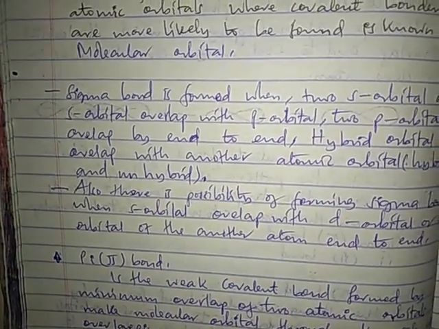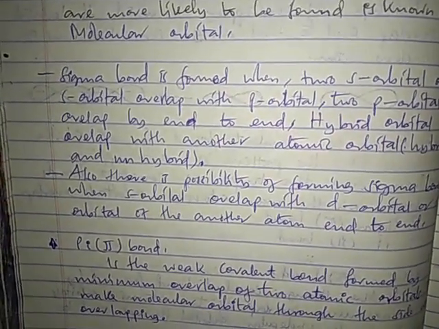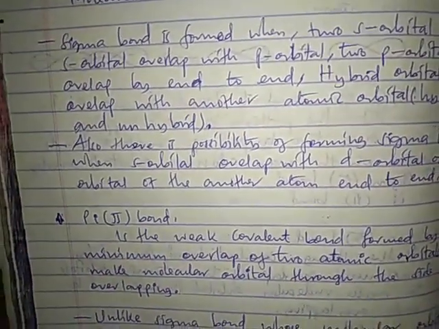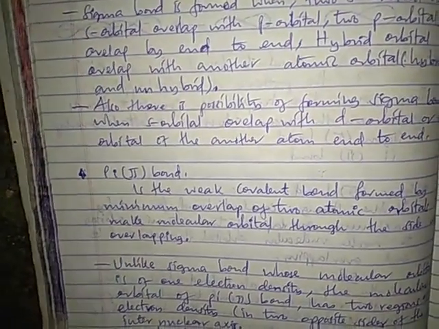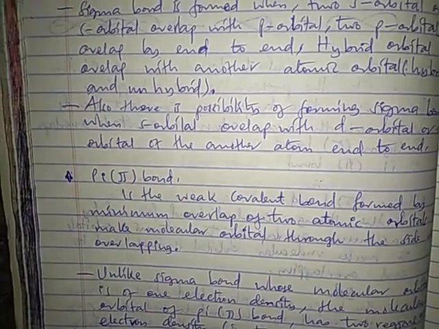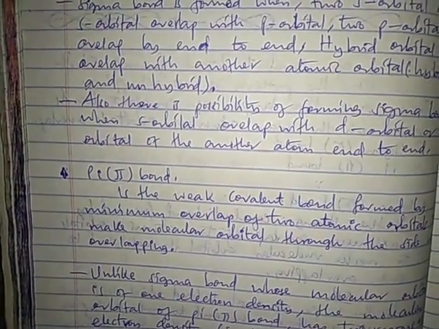Also, a hybrid orbital can overlap with another atomic orbital, that is hybrid and unhybrid. Here you may say that you don't understand the meaning of hybrid; we shall discuss it in the next part about hybridization, so we understand what is a hybridized orbital and what is a non-hybridized or unhybridized orbital.